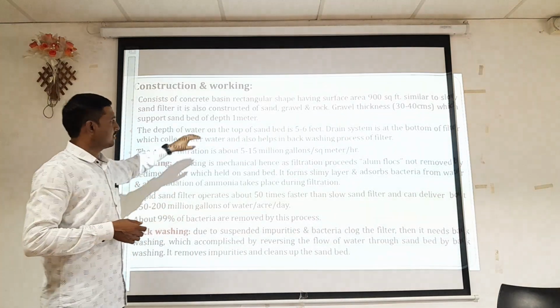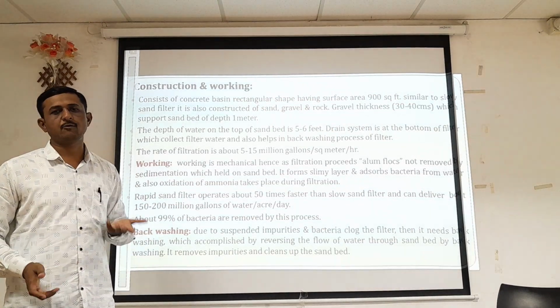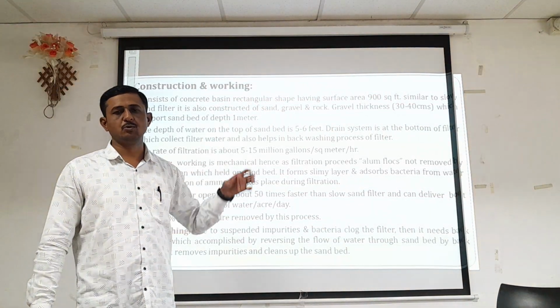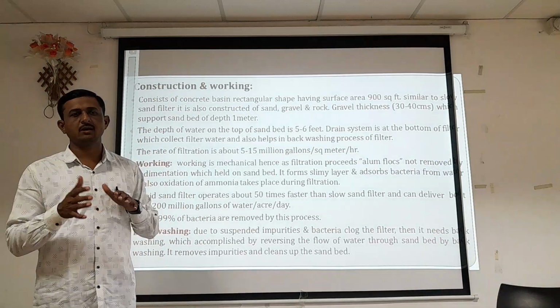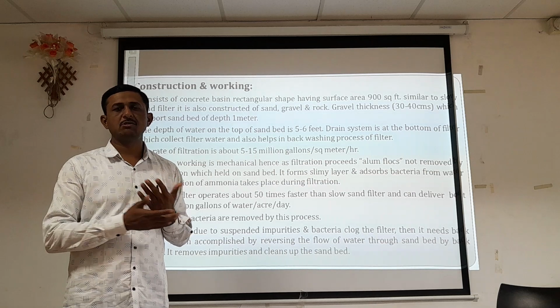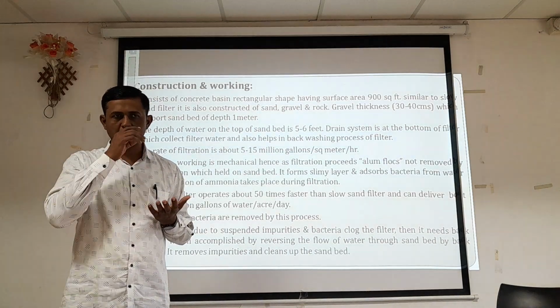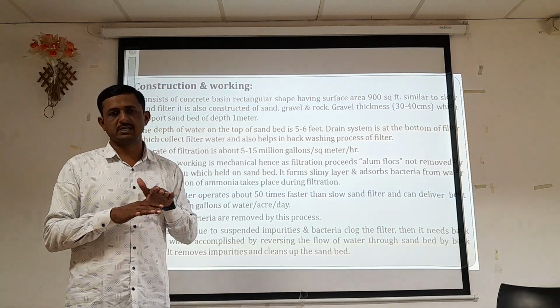That drainage system is also useful for back washing. Due to continued filtration, after a few days a biological film can form in the pores of the sand or gravel, or the settled flocculant and impurities block the pores.